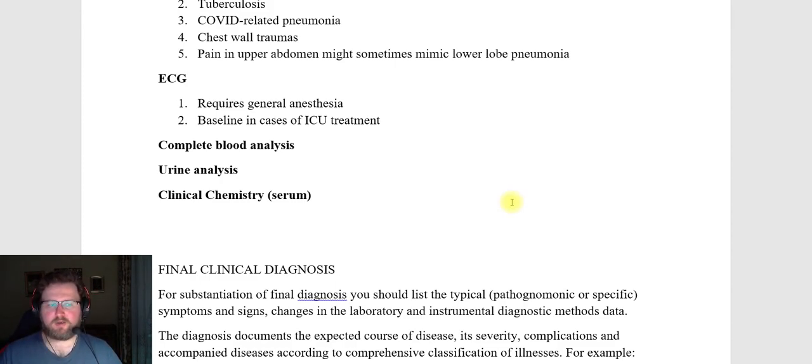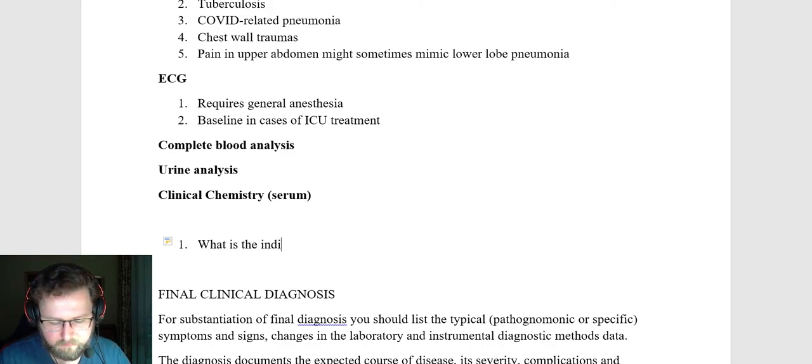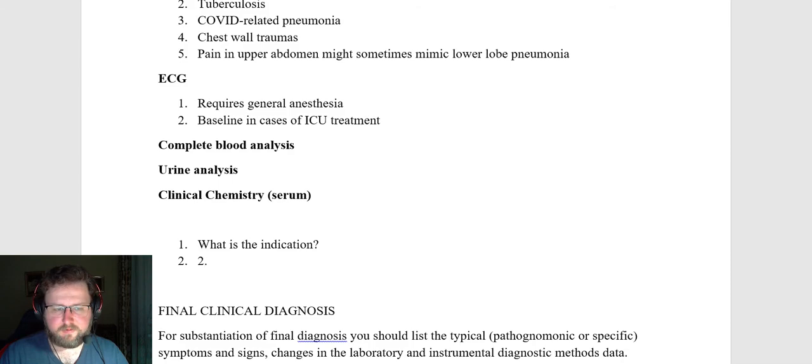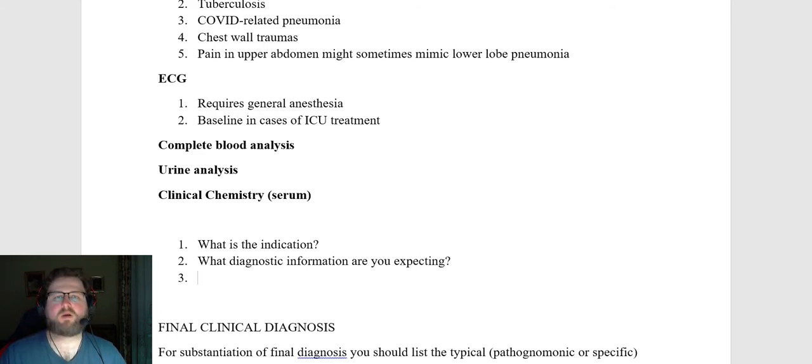So when you are talking about each of these diagnostic methods, you write down what is the indication, second, what diagnostic information you are expecting, third, what are normal ranges.